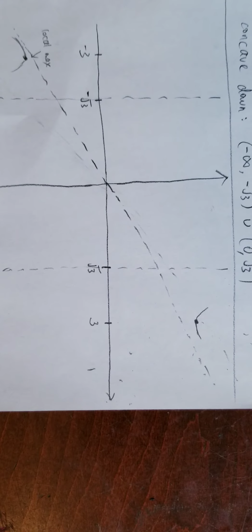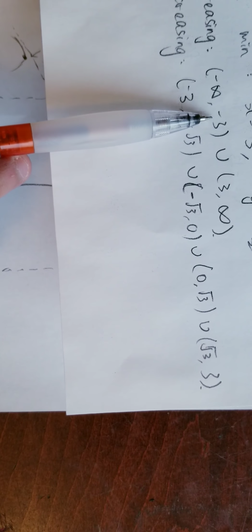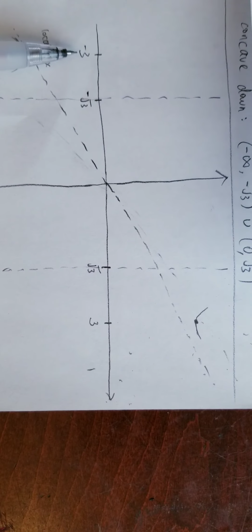Okay, let's look at the increasing and decreasing. It's increasing from negative infinity to negative 3. This is negative 3 right here.